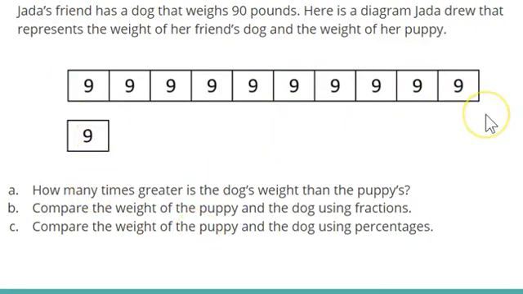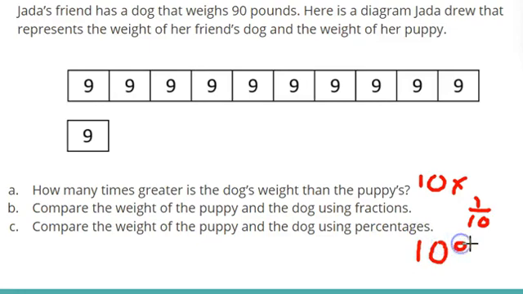Here we said it was 10 times greater, and here we said it was 1/10 the weight. If this is 100% and the puppy is one of those parts, take that 100 and break it up into 10 parts, that's 10%. So the puppy is 10% of the full-grown dog's weight.